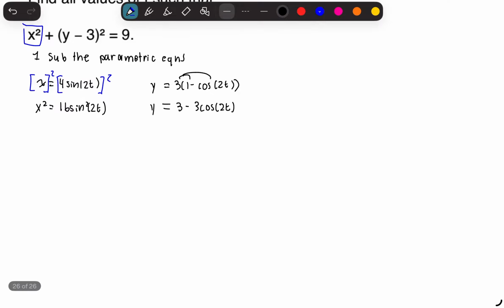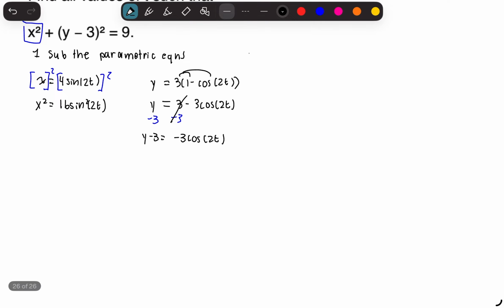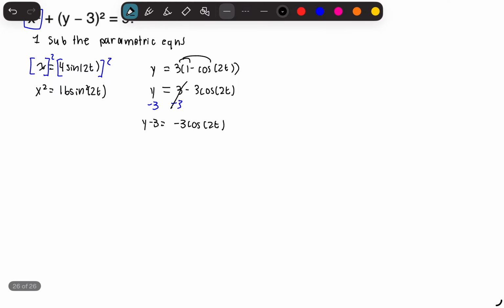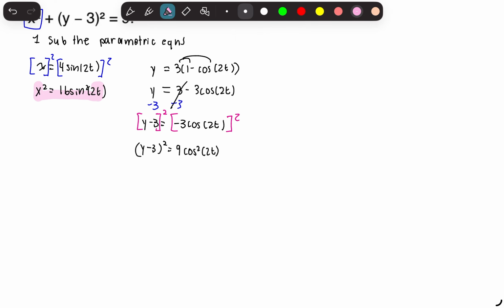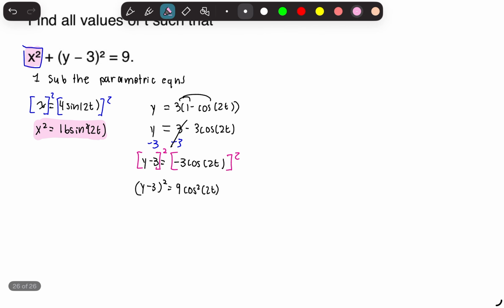So after this, we would just subtract 3 to get our similar form, and we can see it come together. After this, we just square it like we did before, and we get y minus 3 squared is equal to 9 cosine squared 2t. And now we can see that we have got our forms that we wanted.